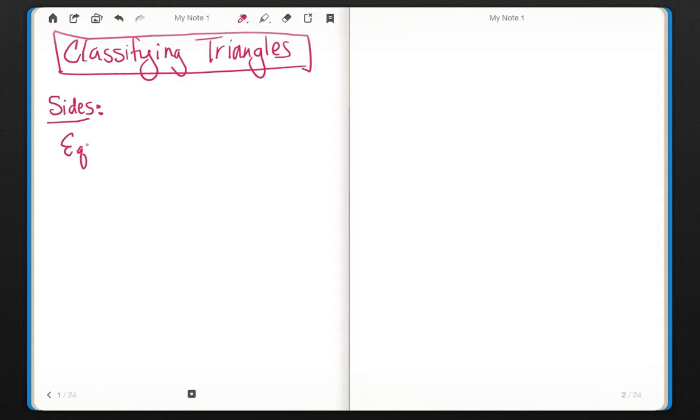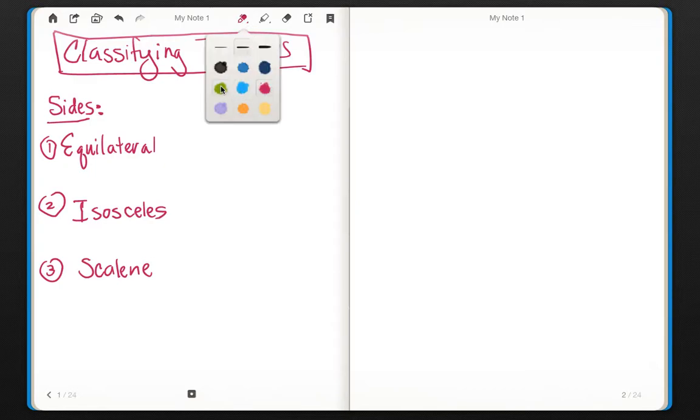There's an equilateral, there's isosceles, and scalene. Now, I know you've heard of these before, but let's review what they are and draw some pictures.